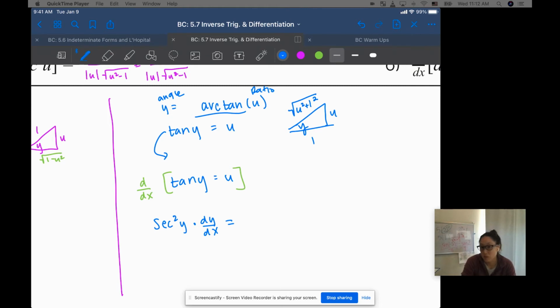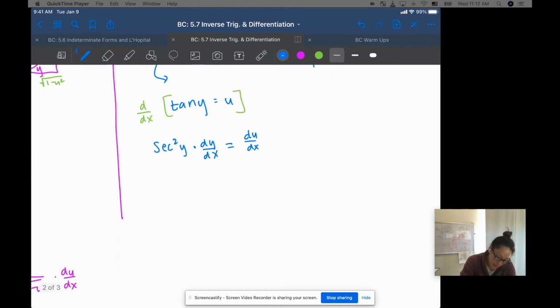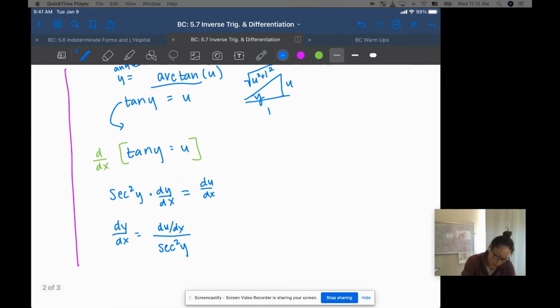The derivative of u is 1, so du/dx. Okay, so isolate dy/dx. dy/dx is equal to du/dx over secant squared y. And so then I just go up here and look at what is the secant of y.